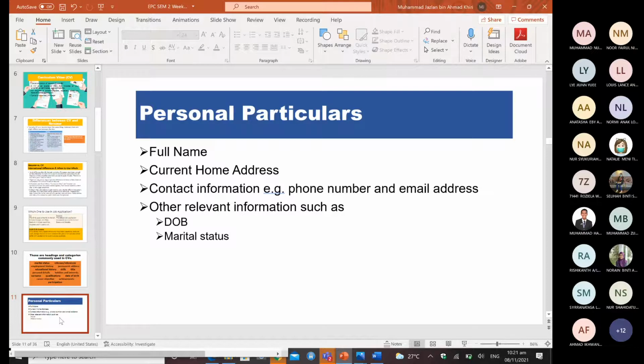It doesn't have to be according to your IC, but it should be where you're currently staying, so that when they send you the interview letter, they will send it to the place you are currently staying at. Make sure to also include other relevant contact information such as your phone number and email address. And it is optional for you to include the date of birth and marital status.